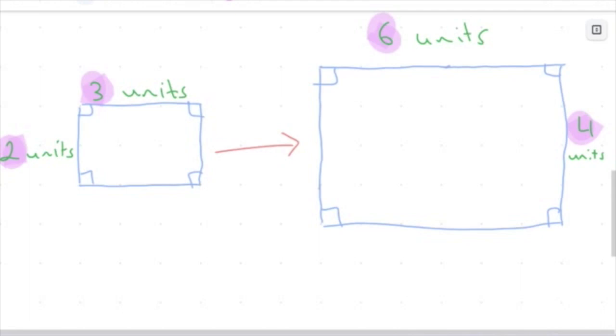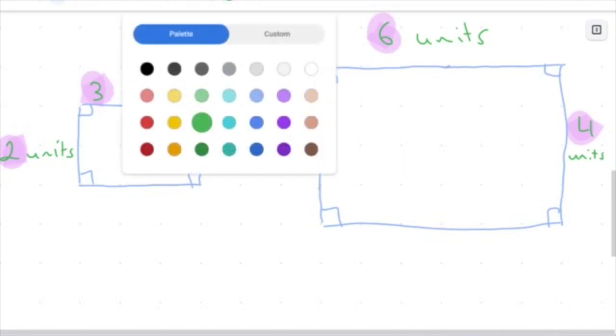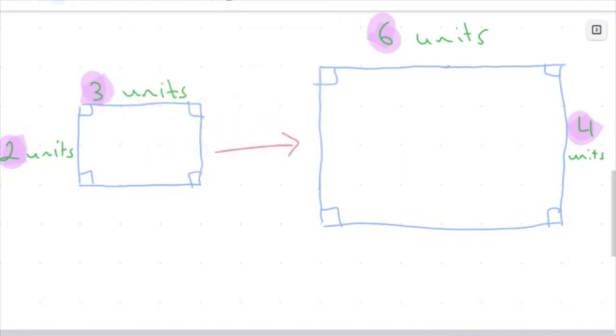So in getting from this smaller one to my bigger one, I have enlarged it by a factor of 2. To get from the smaller to the bigger, all of the sizes here are in proportion. And it's the same as the remaining sides. This is a length of 4, this is a length of 2. This is a length of 6, this is a length of 3.